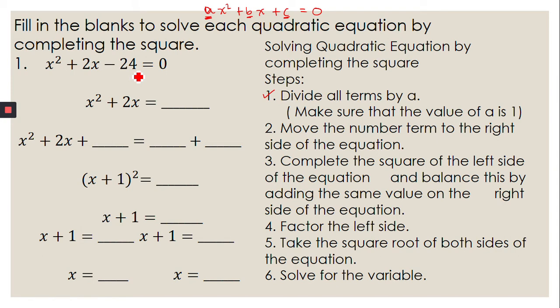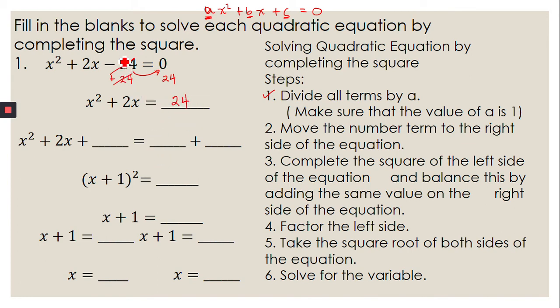To move that, all we have to do is add 24 to both sides. So this becomes 0, and 0 plus 24 is 24. See? We have already moved 24 on the right side.